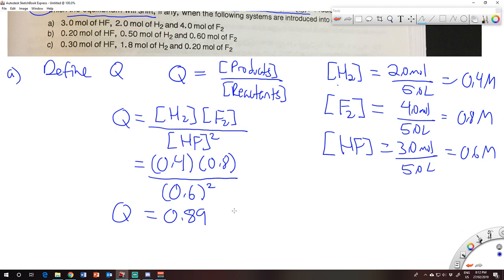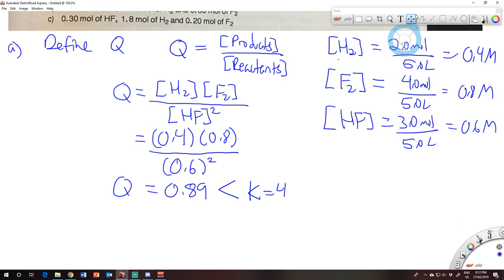Alright, then we compare this to K, and K is equal to 4. So Q is not much less, it's just less than K. With Q less than K, this means that this reaction will proceed forward. The reaction moves forward because it has not reached equilibrium yet, it wants to get the ratio of products and reactants to this number.